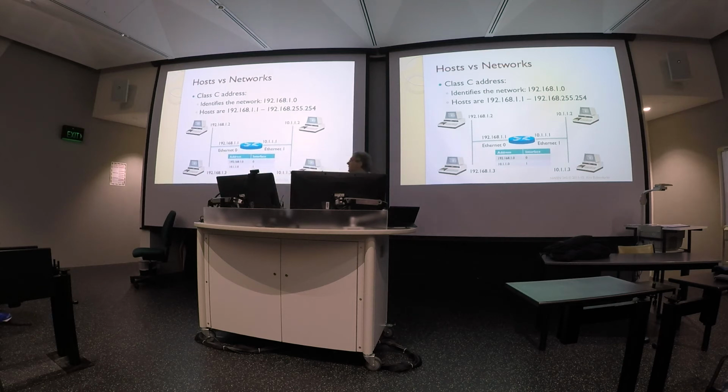Now, if this router receives a message to anything that starts 192.168.1, doesn't matter what the next number is, it knows that it should send it out on interface 0. If it receives anything for 10.1.1 point anything, it knows it should send it out on interface 1. So messages from this guy sent to 10.1.3, I missed a .1 in there by accident, please fix it.